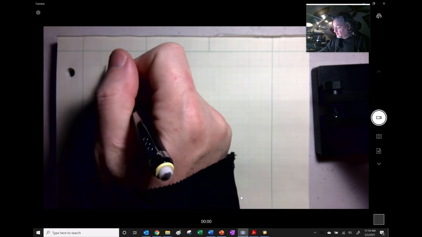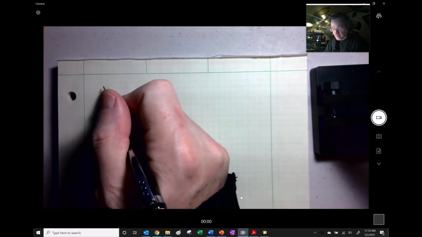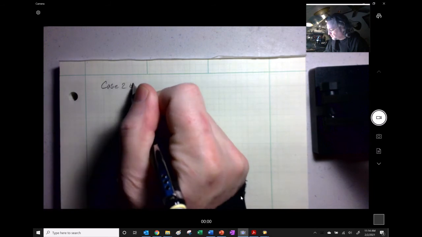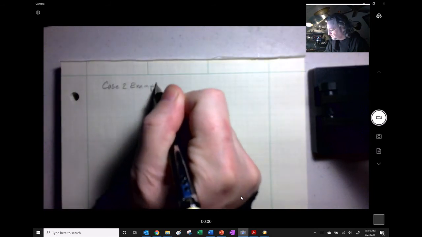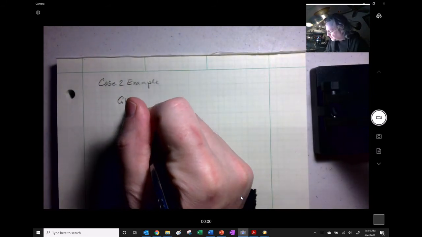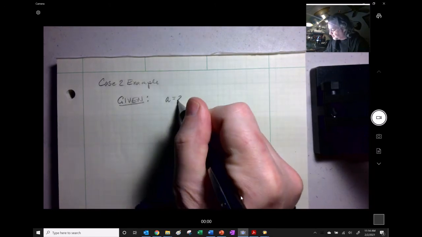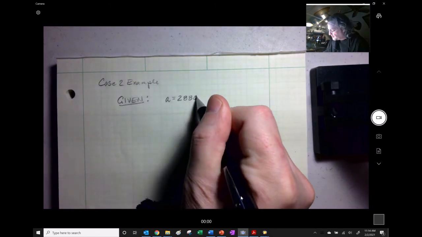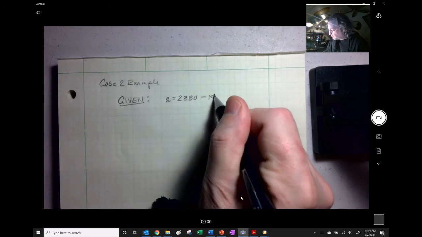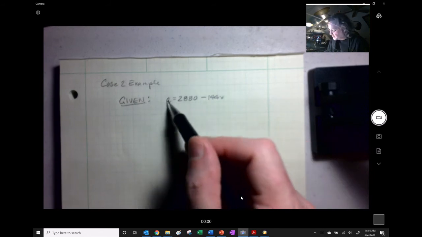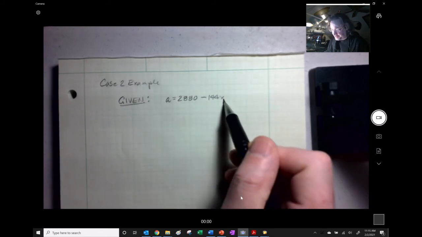Okay, so I will write down what the problem is, and this is case 2 example. And we were told that the given is that the acceleration is 2880 minus 144x, and this is in inches per second squared, and that's in inches.